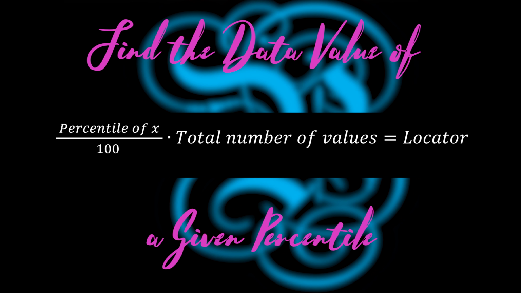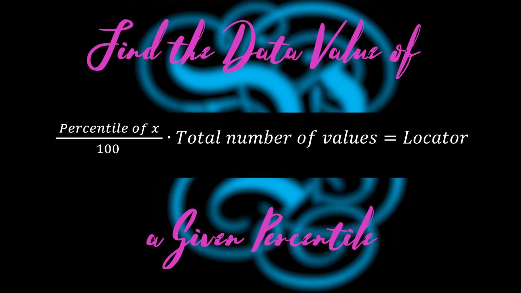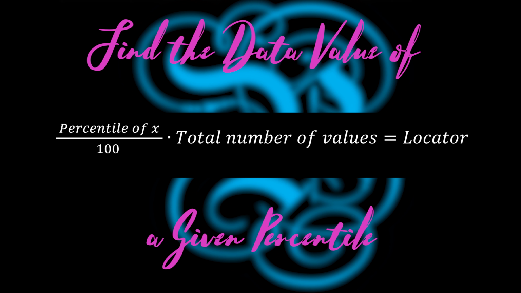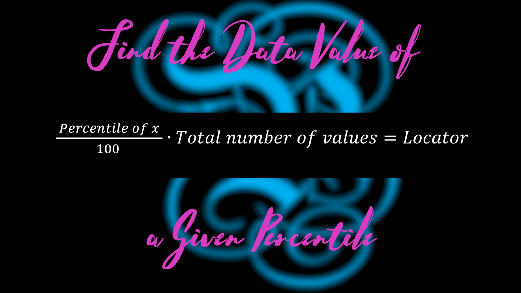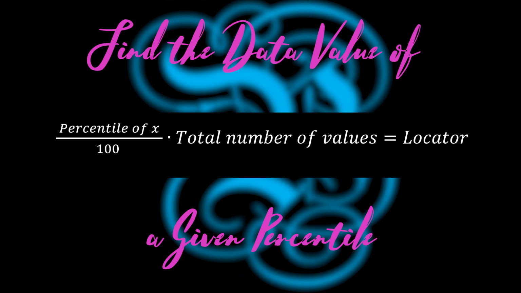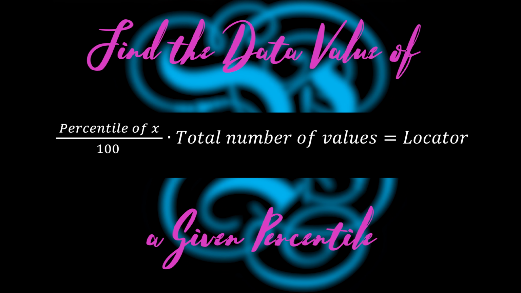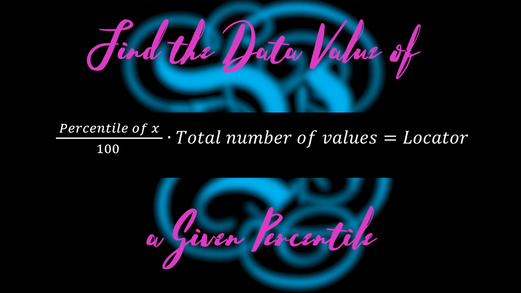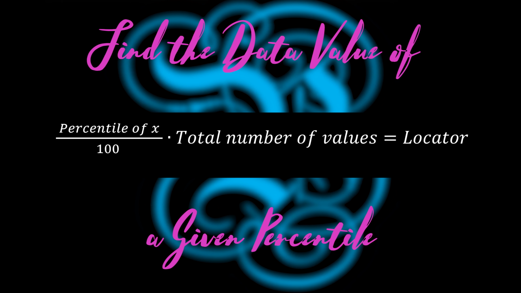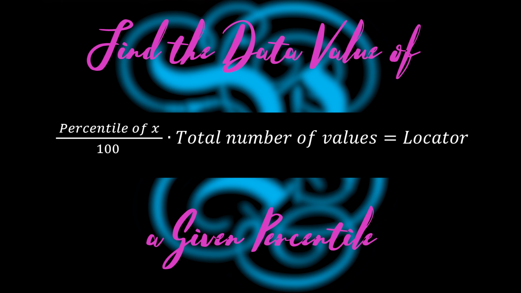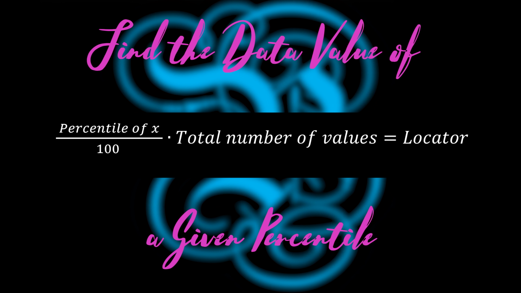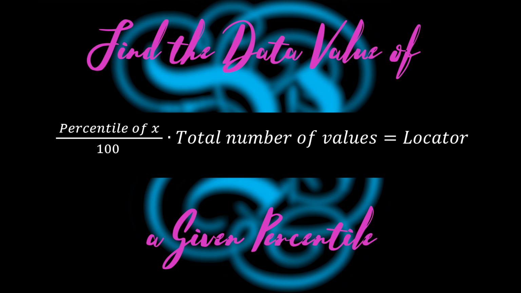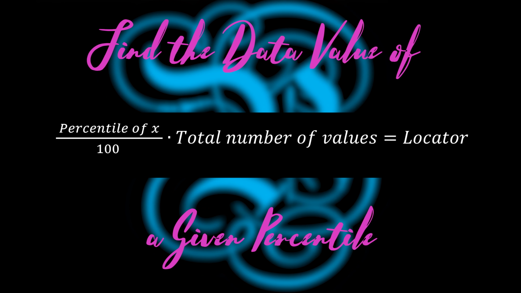Let's now try to find the data value given its percentile. If I input the percentile and the total number of data values into my equation, it gives back some locator number. This locator number will help us identify the data value that we are looking for by telling us which data box to refer to.